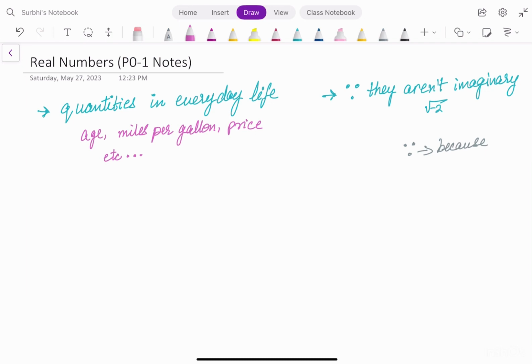Now, building up on this concept, we can also say that the real numbers can be subdivided. Real numbers is a big umbrella, and under real numbers there are different subsets, different categories. And on the right hand side you can see 3 dots.